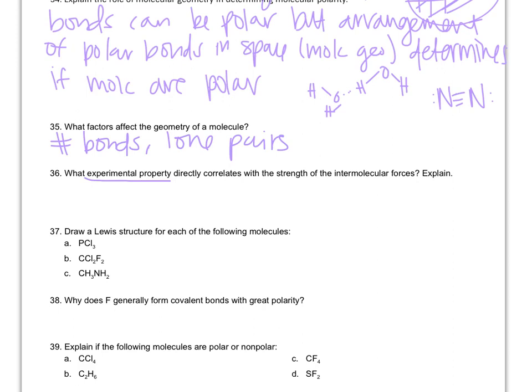So in this case, boiling point is basically the strength of the intermolecular forces. Boiling point is the temperature at which a molecule goes from a liquid to a gas.